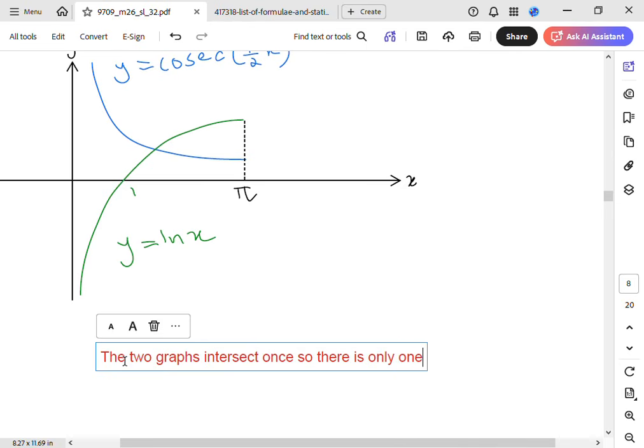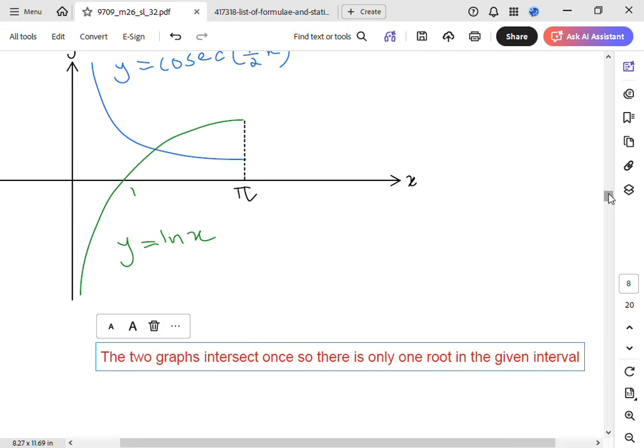So one root in the given interval. I have to learn how to type faster. It's better to mention this.